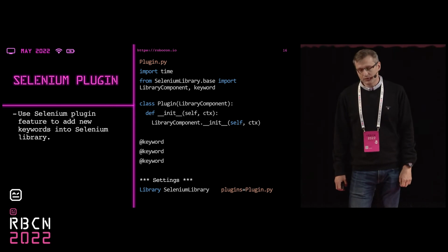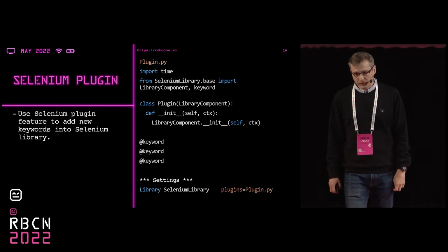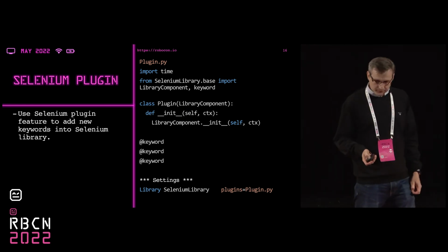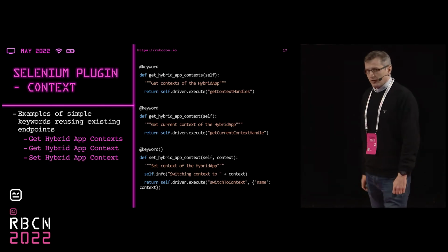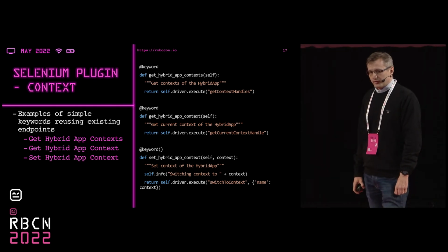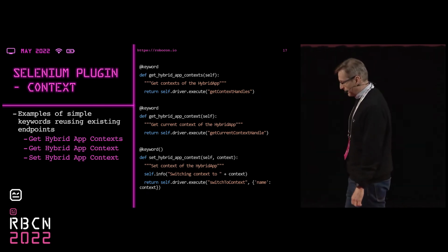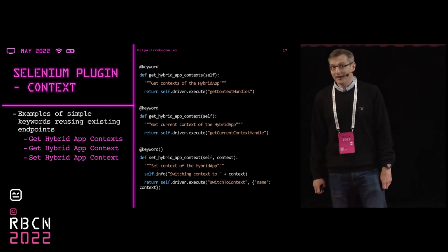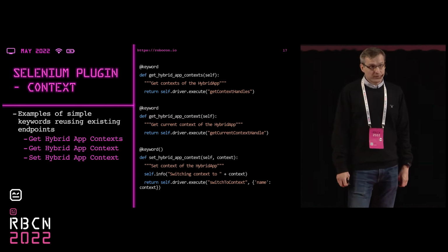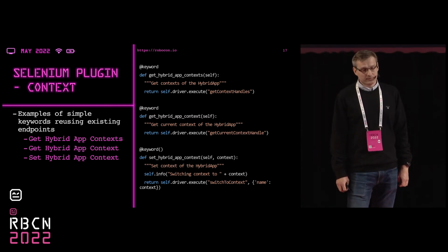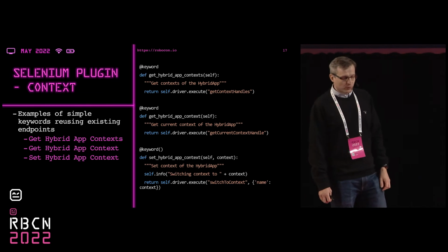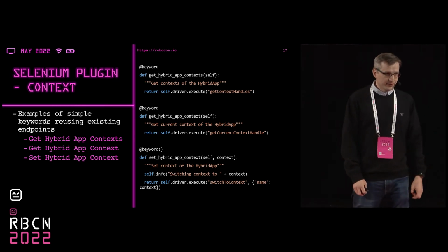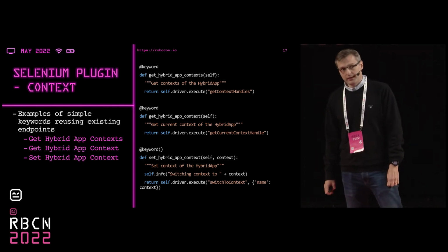The next step was to create the keywords that I wanted to use. I needed three keywords to get context and set context of the app. Now, what is the context in the hybrid app? It tells you if the app is running as a native app at the moment, or as a web part at the moment.